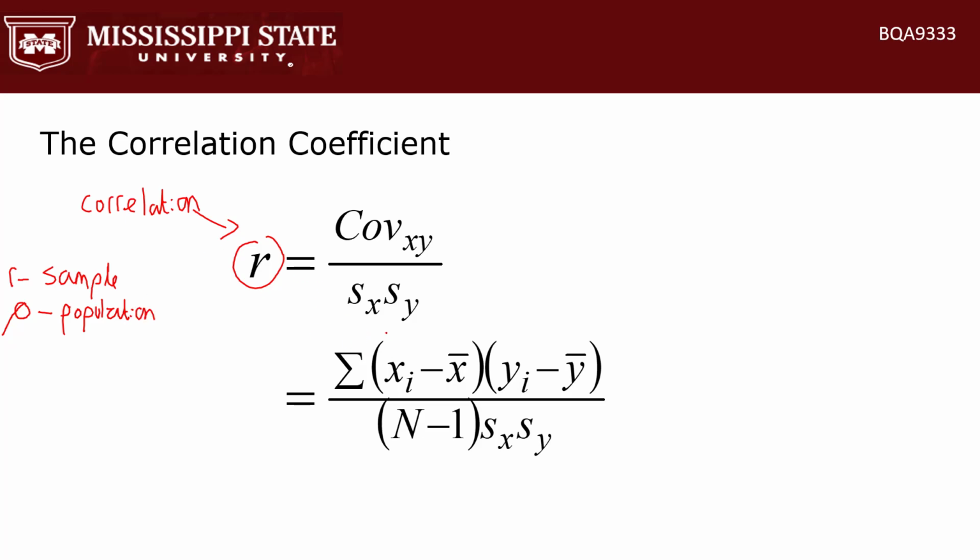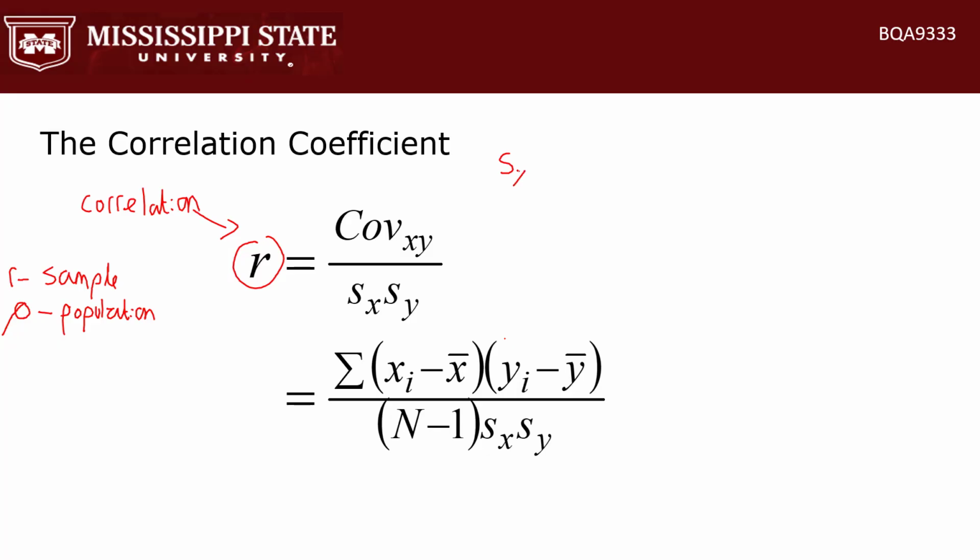So here we go, we've got xi minus x bar, yi minus y bar, divided by n minus 1, divided by sx, sy. Now, we could actually rewrite this a little bit. So let's go back up here.